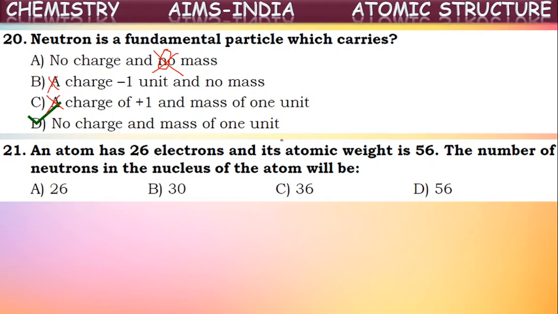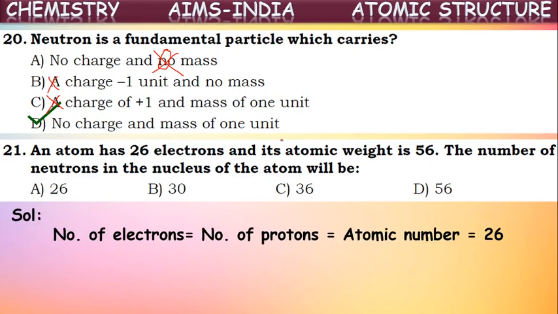And we know the number of protons is taken as the atomic number. Okay, the number of protons is 26 now. And its mass number is given as 56. So if you know mass number and proton number, we can calculate the number of neutrons.